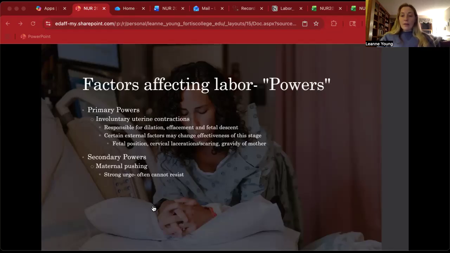And then the gravity of mom. Like we talked about, we need to know our gravity and our parity. So, if mom is a gravity 1, which means this is her first pregnancy, her uterine contractions and the effectiveness of her cervical dilation and effacement is going to be a lot slower, typically, than somebody whose gravity is 10.